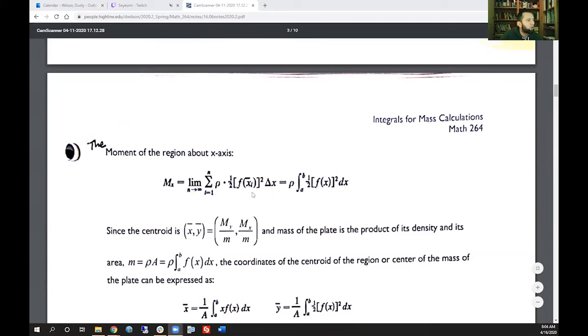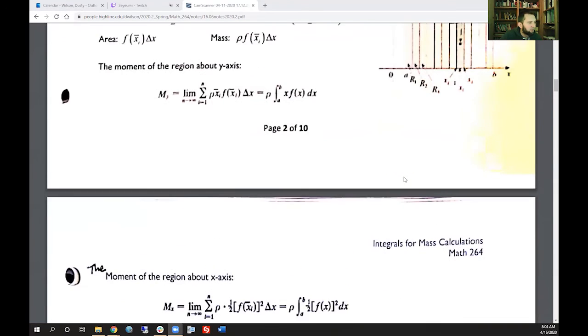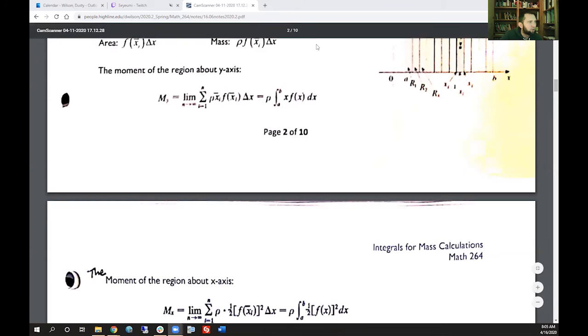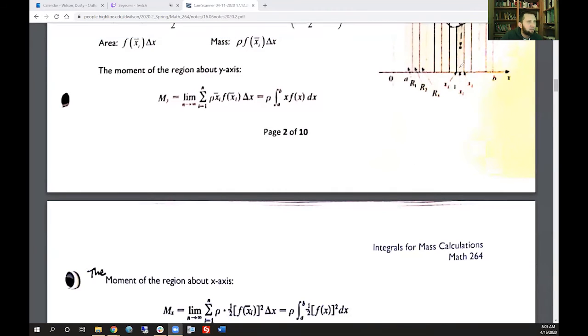If we want to find the moment about the x-axis, we can do the same thing. Not sure if I can get everything on the same picture. So if I want the moment about the x-axis, I need the distance from the x-axis, which would be right here. Notice that height would be 1/2 f of xi.